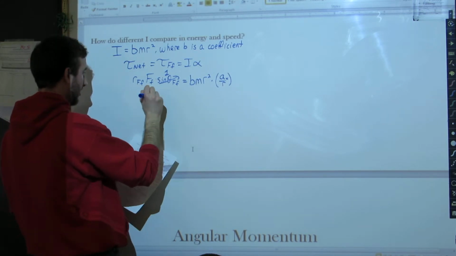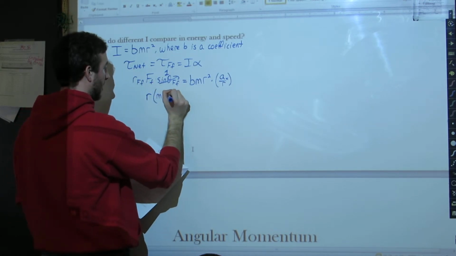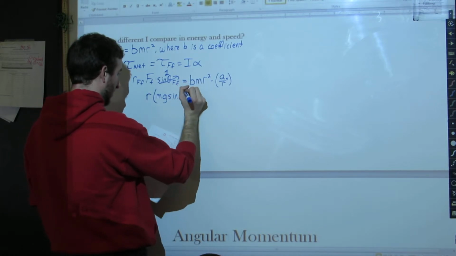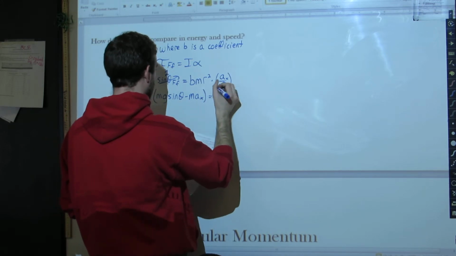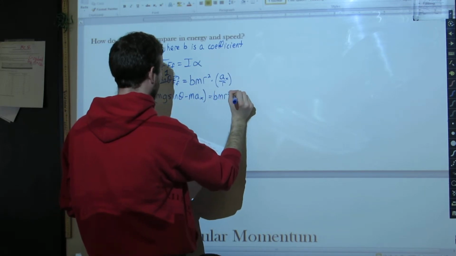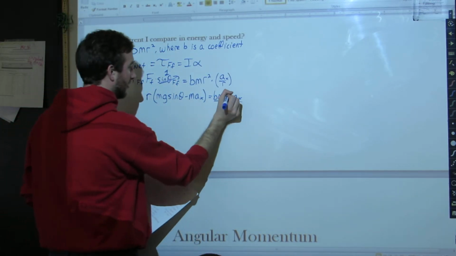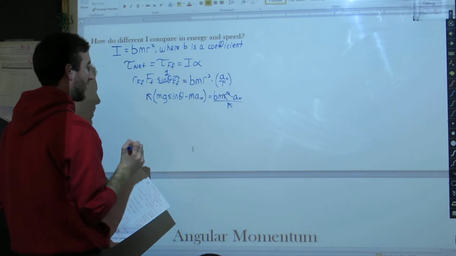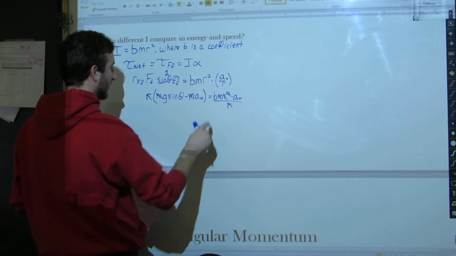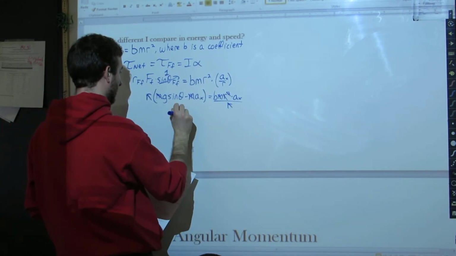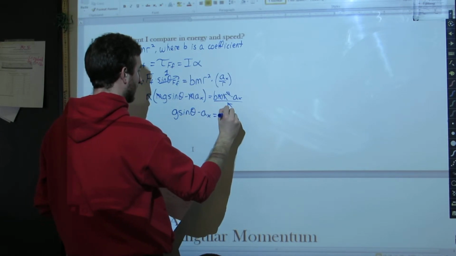So we know this ends up being, let's see, r times the force of friction we found earlier, the general one. This is all from up above, m g sine theta minus m a x equals b m r squared times a x all over r. We can cancel out r's here, cancel out these r's, we can even cancel out these m's. And what we will find, we get g sine theta minus a x equals b a x.